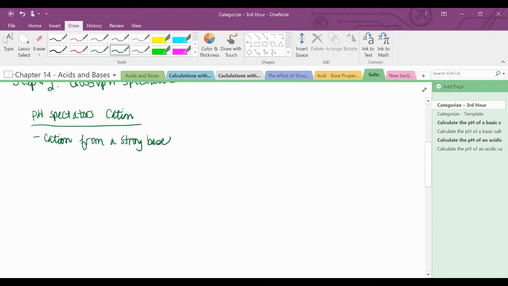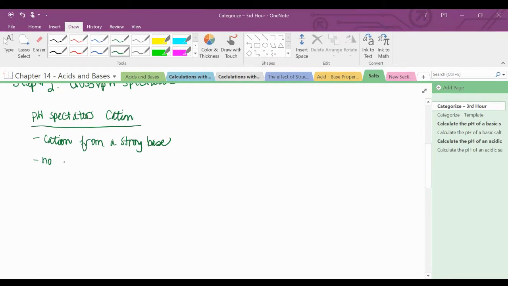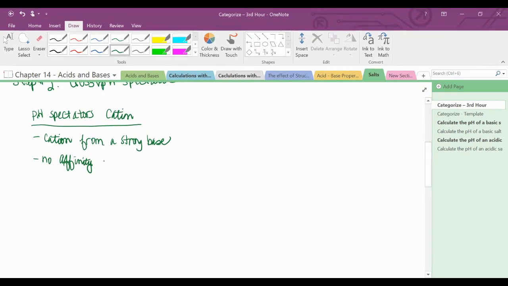And the reason why they're spectators is that they have no affinity for hydrogen ions. In other words, they don't have any attraction for hydrogen ions. And they also don't have the ability to produce hydrogen ions.